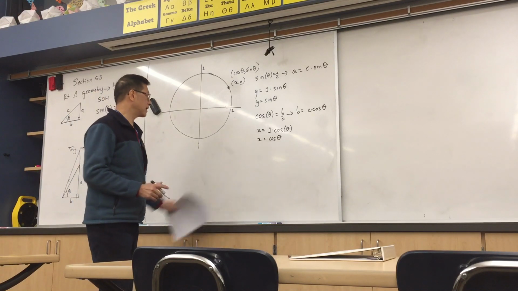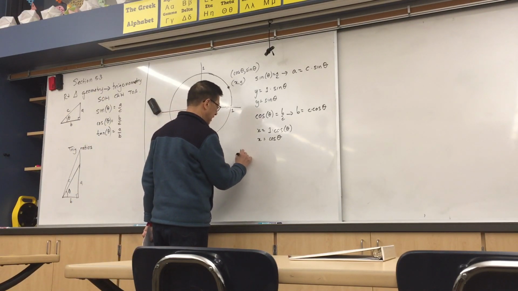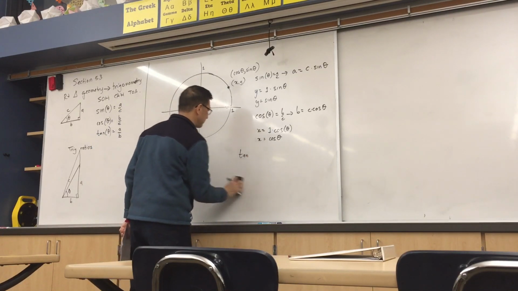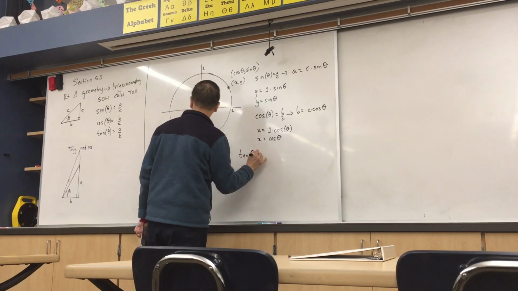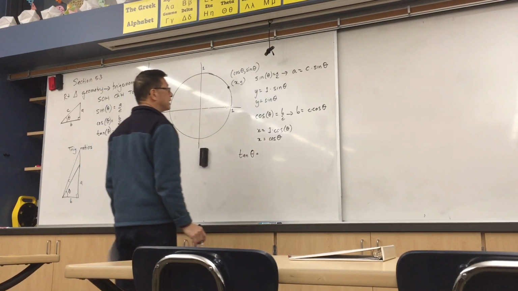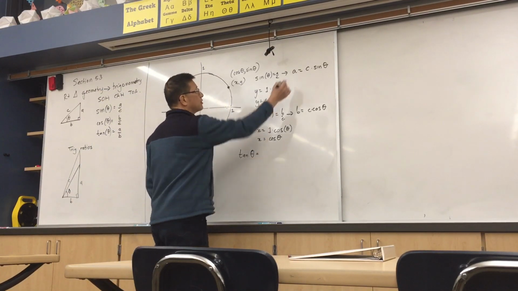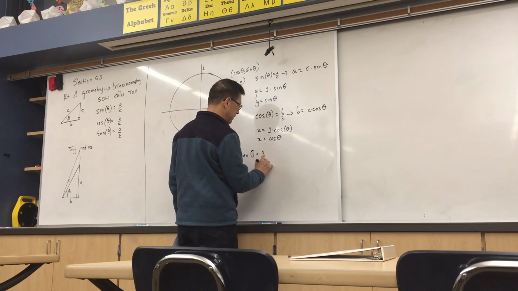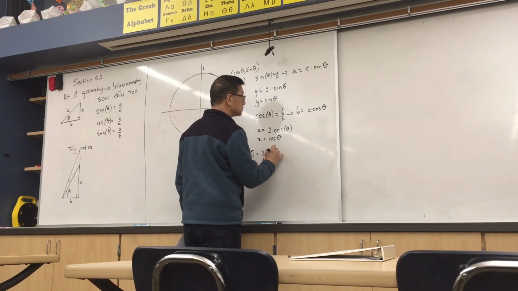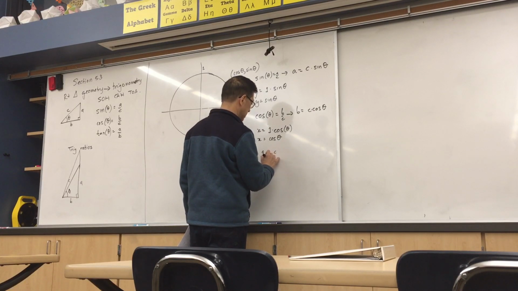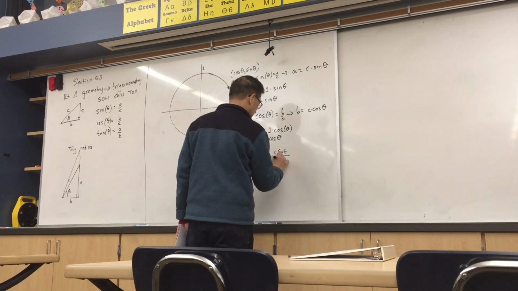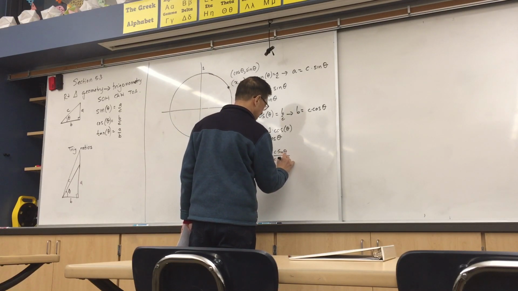Okay, so one of the fallouts of this is that tan theta, which is a over b, a was c sine theta, and b was c times cosine of theta.